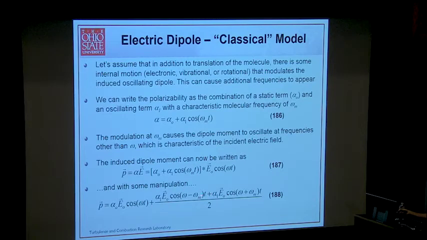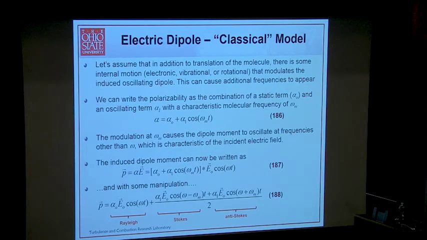Now we have different frequencies: omega minus omega m, and omega plus omega m. What we have here turns out to be the Rayleigh scattering, and then what we have here are Stokes and anti-Stokes scattering.